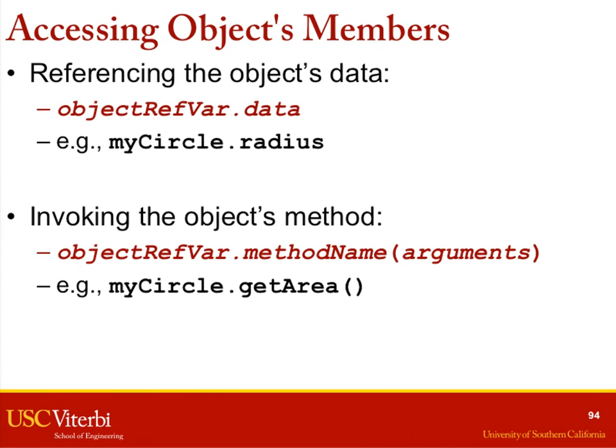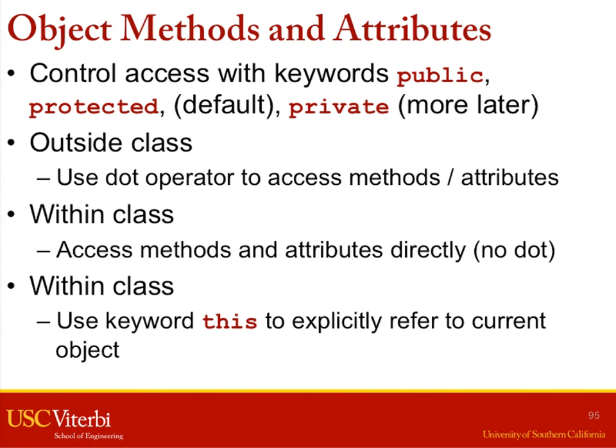Referencing the object's data, use the dot. You can use the dot as long as it's not private, and you can use dot for methods as well. So you'll see these keywords: public, private. There is also where you don't put anything. Public, protected, nothing, and private. We're going to talk about more later, but outside of the class, the dot operator can be used.